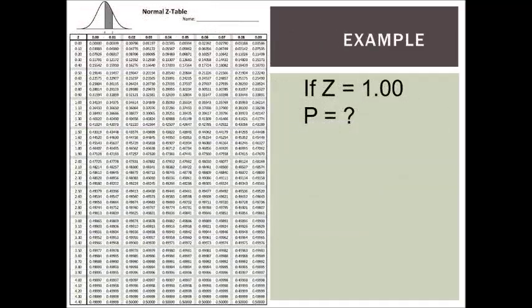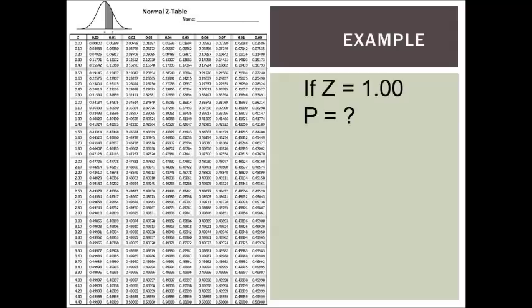This is what our z-table looks like, and all z-tables look relatively similar to this. They're all used the same way. They have numbers along the left column, and numbers along the top row that label the columns. So here's how it works. When you're given a z value, you begin by looking it up on the left-hand side of the table.